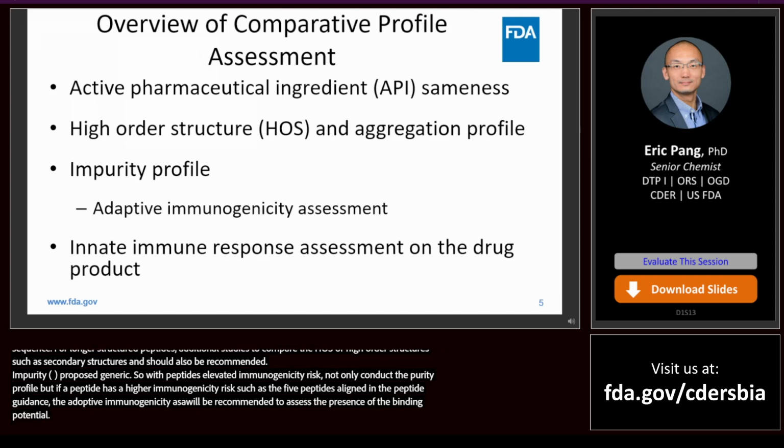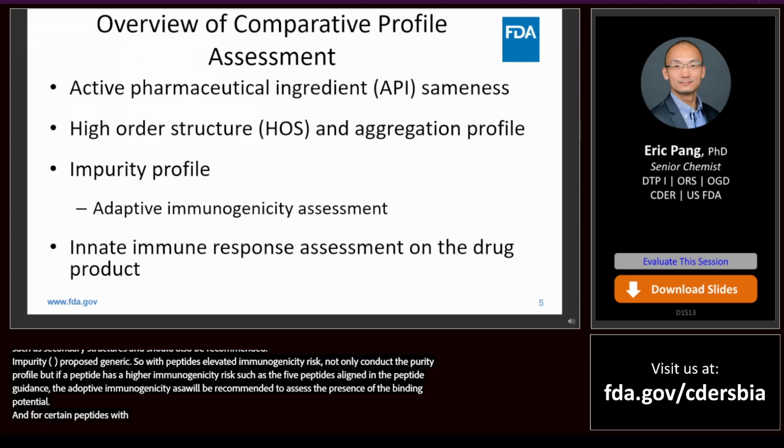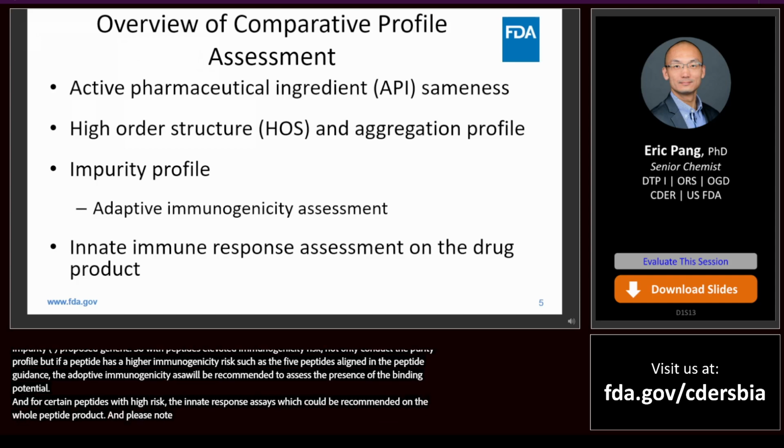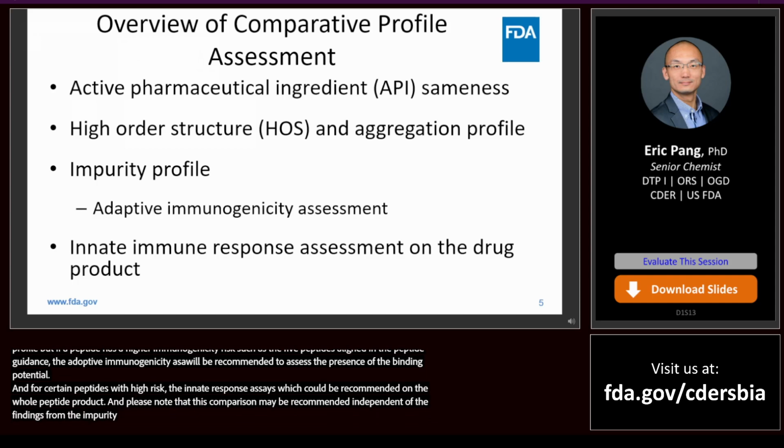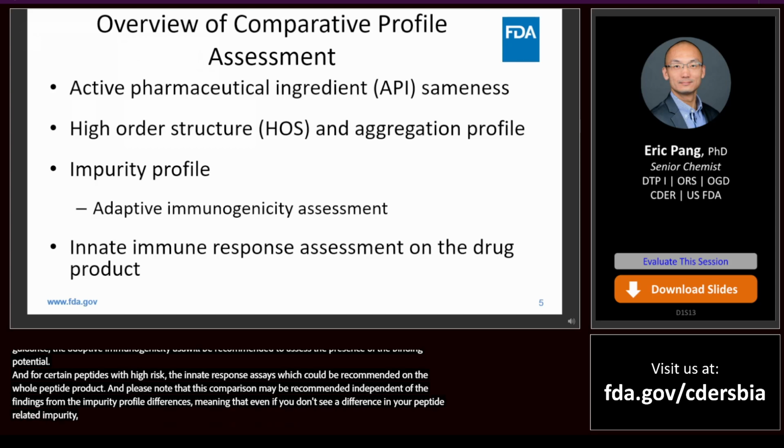And for certain peptides with high risk, the innate immune response assays could also be recommended on the whole peptide product. And please note that this comparison may be recommended independent of the findings from impurity profile differences, meaning that even if you don't see a difference in your peptide-related impurities, the innate immune response assay should also be conducted.